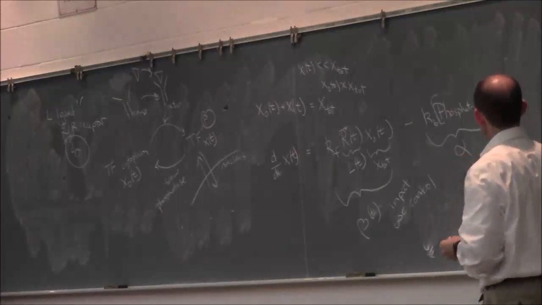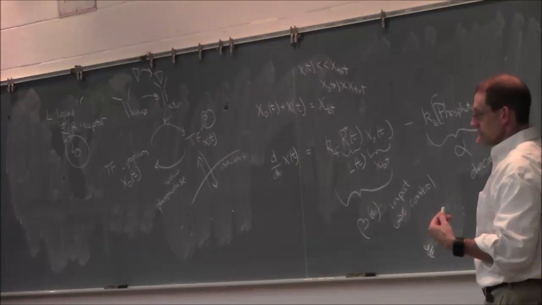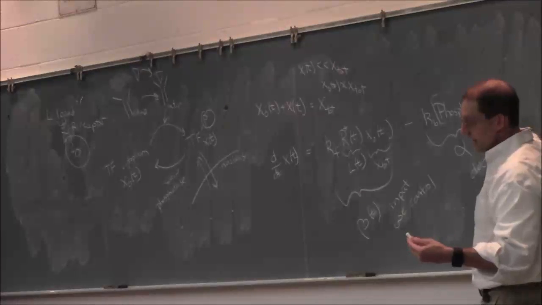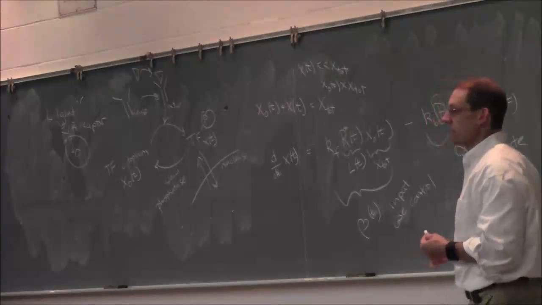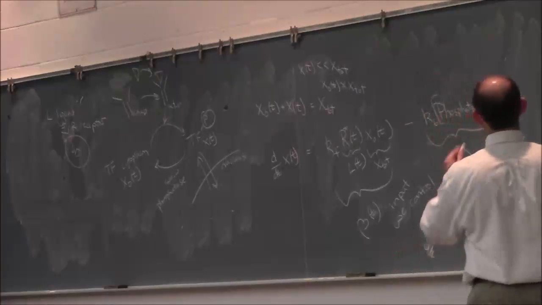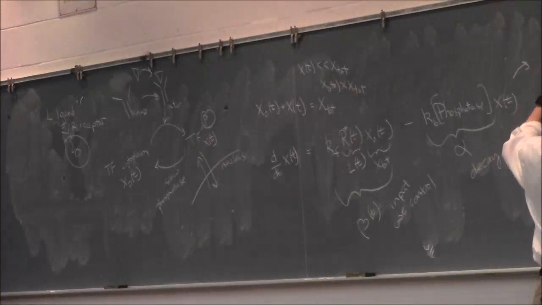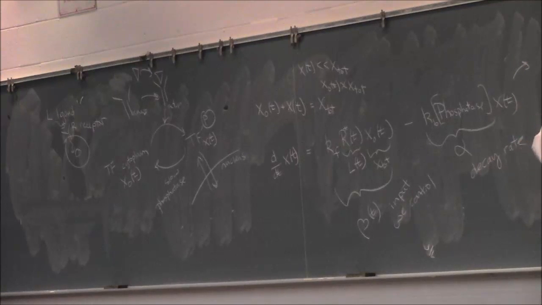We're thinking about x as the active form, so when it decays back to the inactive form, that's decay, and alpha is our decay rate. We put this together, and we get d/dt of x of t equal to beta of t minus alpha x of t.